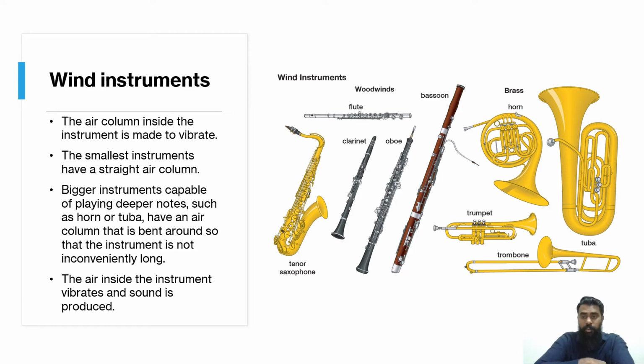The bigger instruments, like a tuba or a horn, have an air column which is bent around, producing deep notes. In all of these instruments, the air inside the column is made to vibrate and the sound is produced.